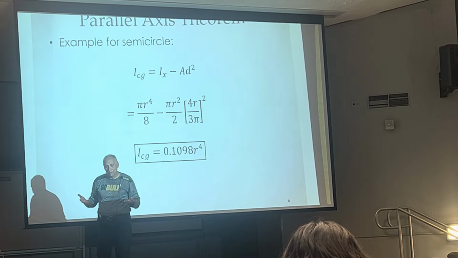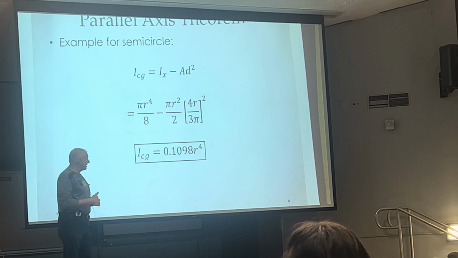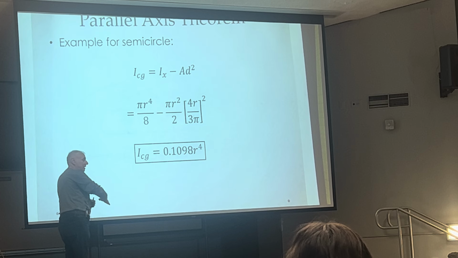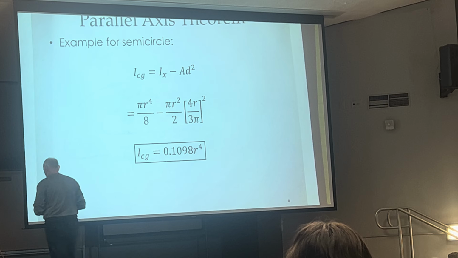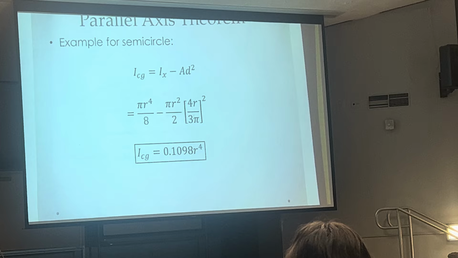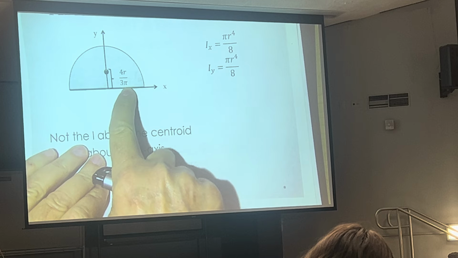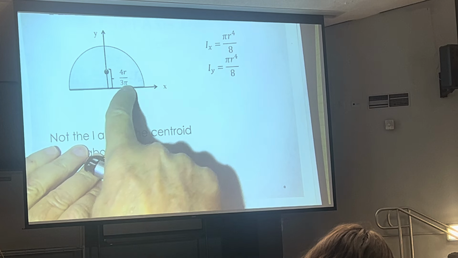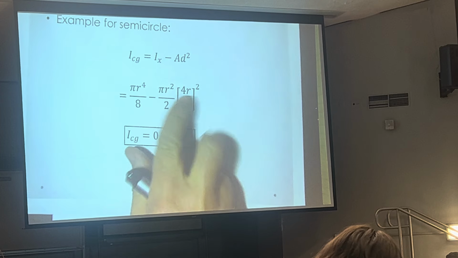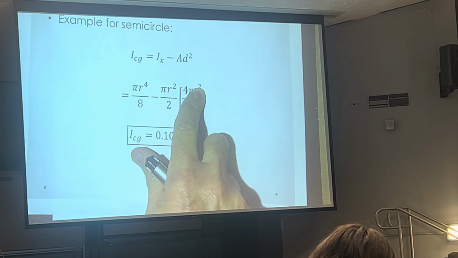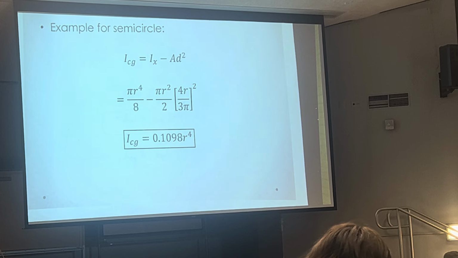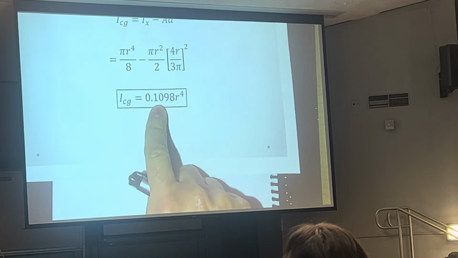Pi r squared over 2. What's the distance between x-axis and the centroidal axis? Well, he gives it to you as 4r over 3 pi. That's given to you. So if I dump in 4r over 3 pi and square it, and then do some algebra, I'm going to get this, 0.1098r to the 4th.